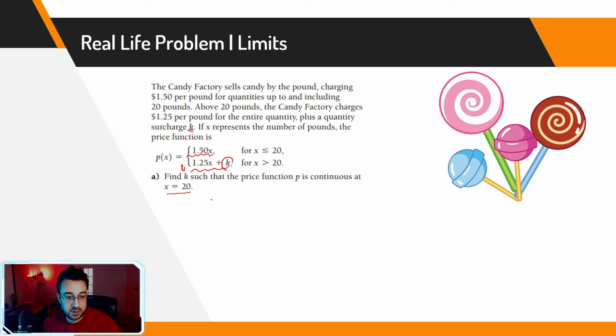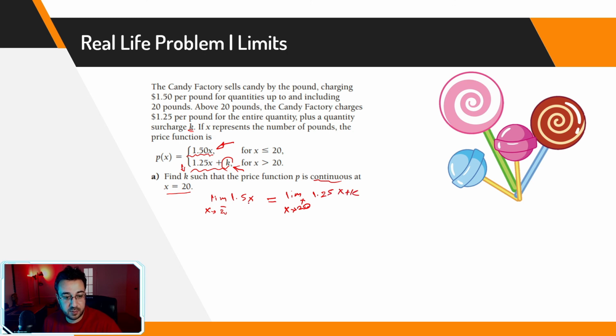So what you do here, same as what we did previously, limit as x approaches 20 from the left. Which function do we use? We're talking about this function, 1.5x. Since we are looking for continuity, that should equal the limit as x approaches 20 from the right. Approaching 20 from the right, we're talking about this function, 1.25x plus k.